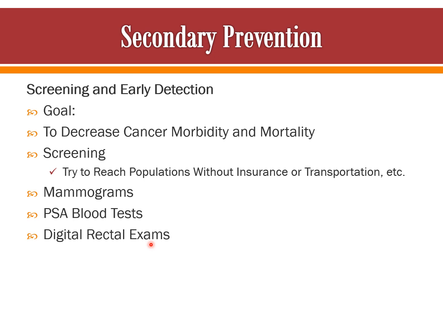It doesn't make sense, right? So anyway, the main takeaway is secondary prevention. You're wanting to prevent things from getting worse. You want early detection, early detection, early detection. How are you doing this? It's mammograms, blood tests, or manual exams such as digital rectal examinations.